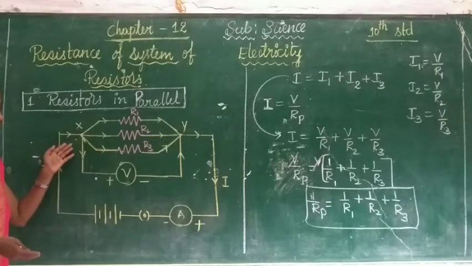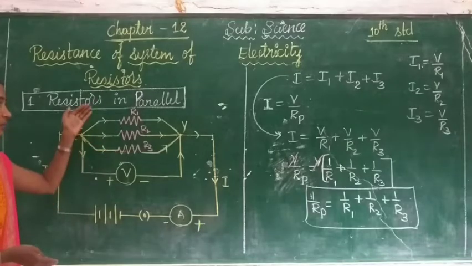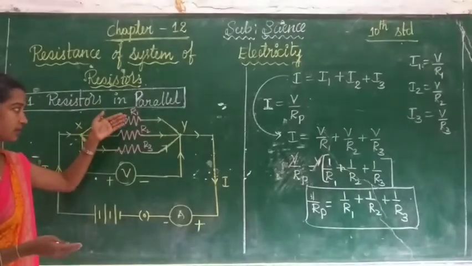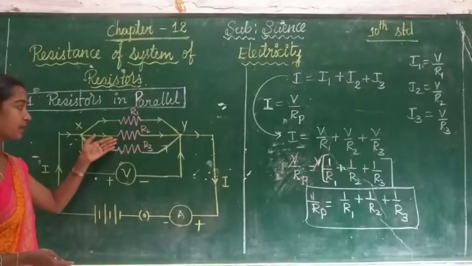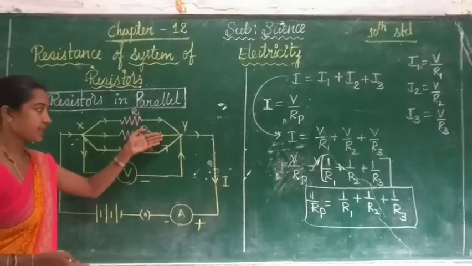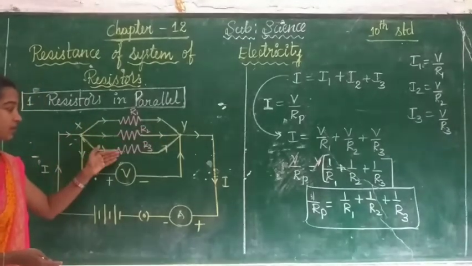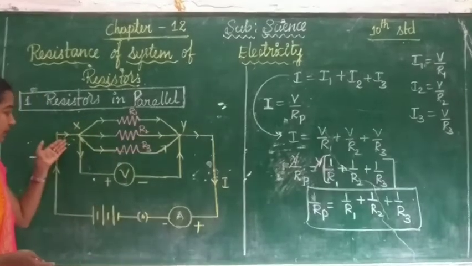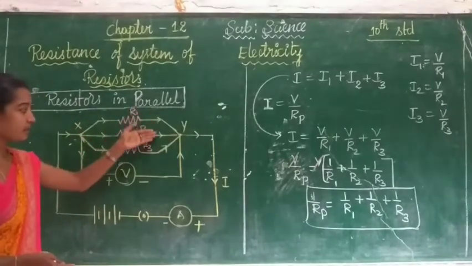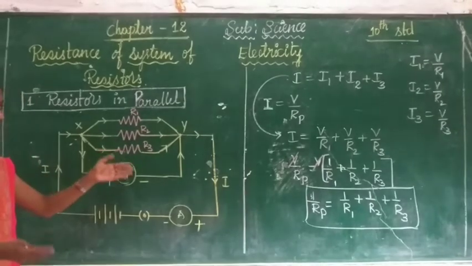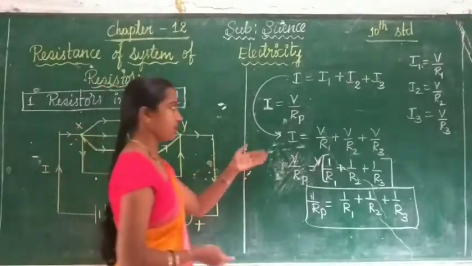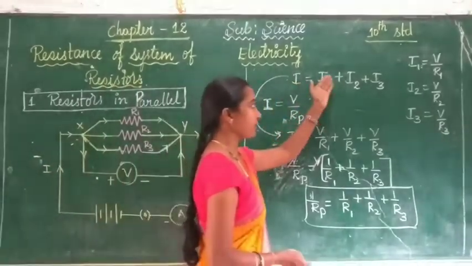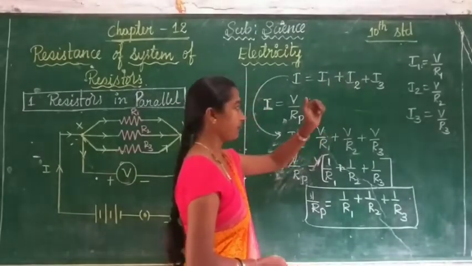Here the total current is equal to the current passed through R1, taken as I1. The current passed through R2 is taken as I2. The current passed through R3 is taken as I3. So the total current is the sum of these three currents: I is equal to I1 plus I2 plus I3.